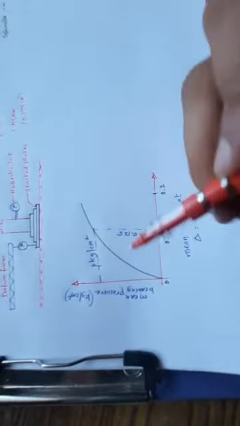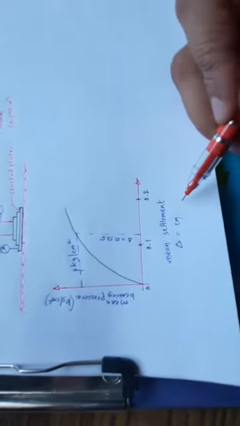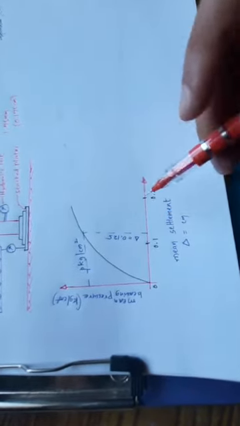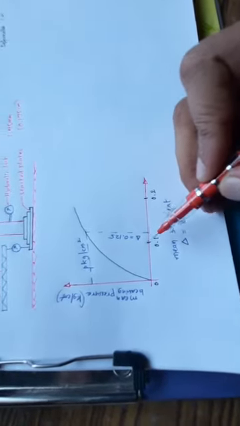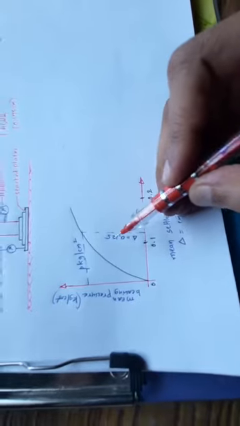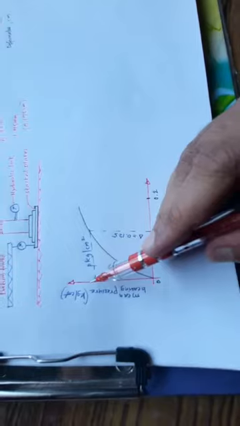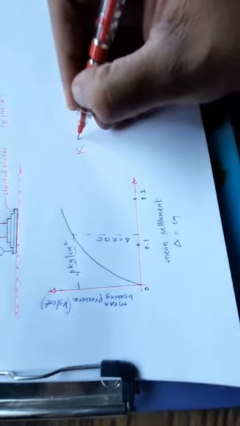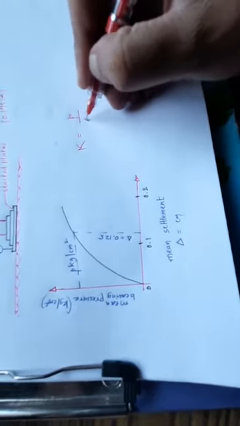So we plot the graph between mean bearing pressure, in kg per centimeter square, and mean settlement. Clear? In this graph, for the pressure corresponding to a settlement of 0.125 centimeter or 1.25 mm, we find the K value. K is equal to P divided by this deflection.